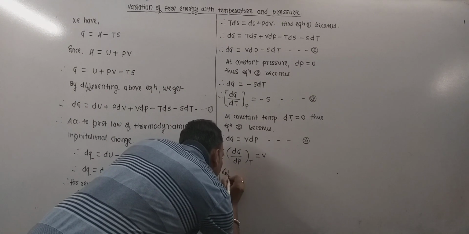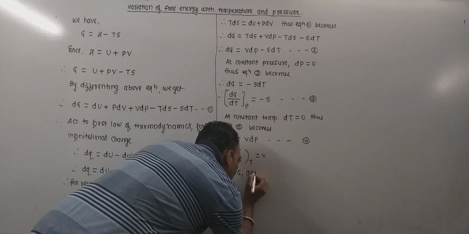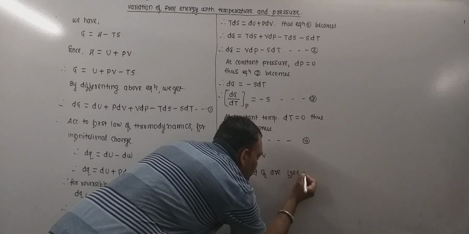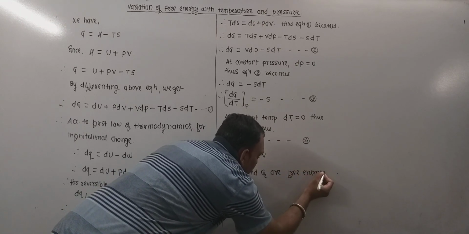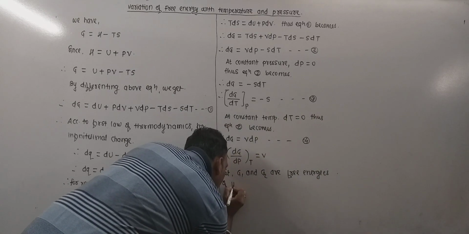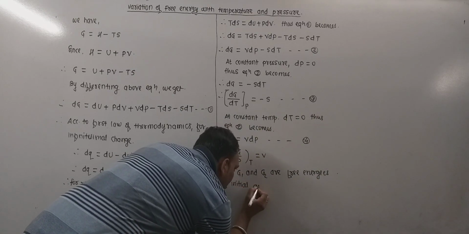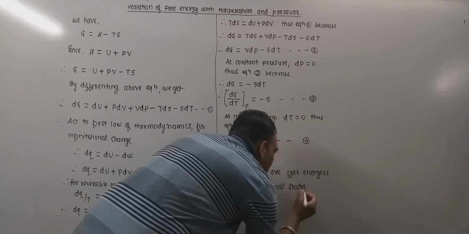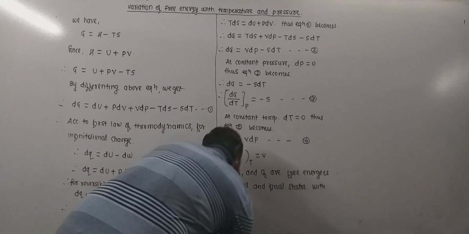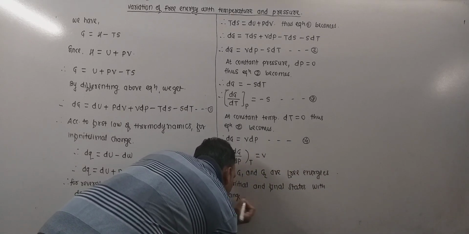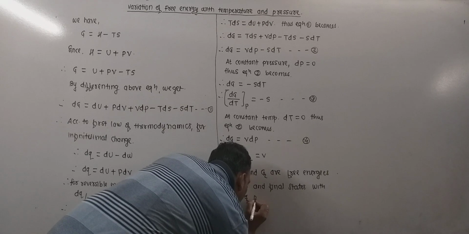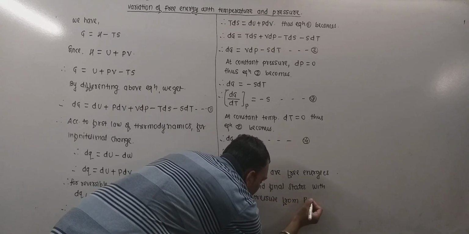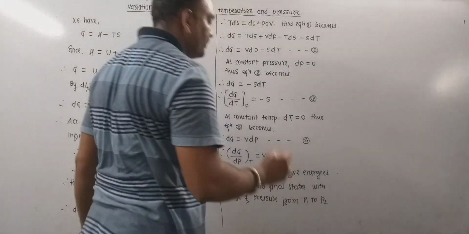Now we integrate equation number 4 between suitable limits, and we need to consider what those limits are. Let G1 and G2 be the free energies of the initial and final states with change of pressure from P1 to P2.